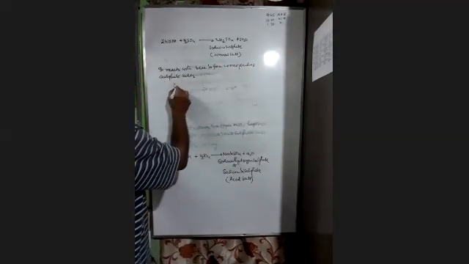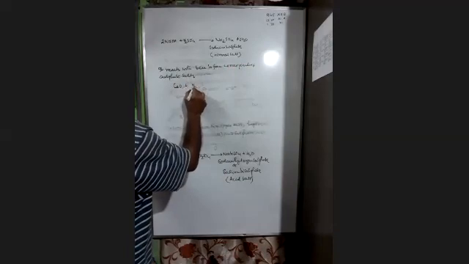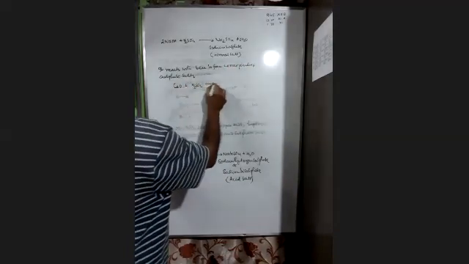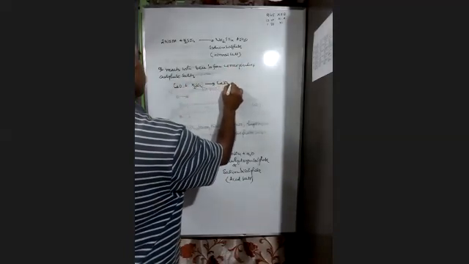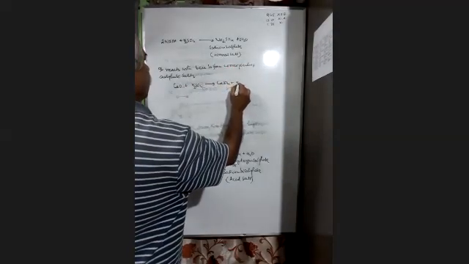So sodium hydroxide you have already written. Now you can take here calcium oxide with H2SO4. It will give you calcium sulfate and water.